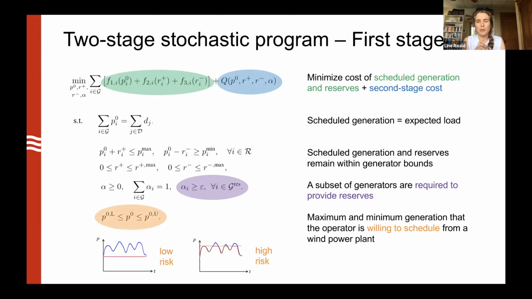And then I also have this constraint, which represents a minimum and a maximum willingness of the operator to actually schedule generation from a power plant. And this is particularly important in the case of wind power plants, because the system operator might set, for example, an upper limit here and say, okay, we are not going to schedule more power from a wind power plant than, for example, the forecasted power.